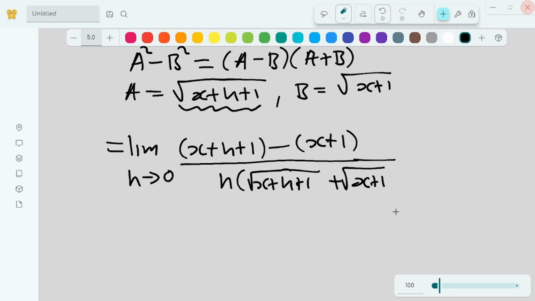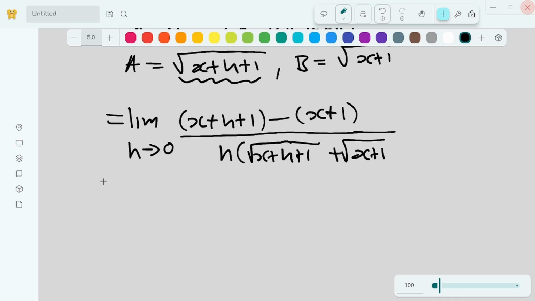Then simplify the numerator. Simplifying, we have the limit as h goes to 0. Obviously the x and x will go, and the 1 and 1 will go because there is a minus, and you remain with h as the only thing in the numerator.